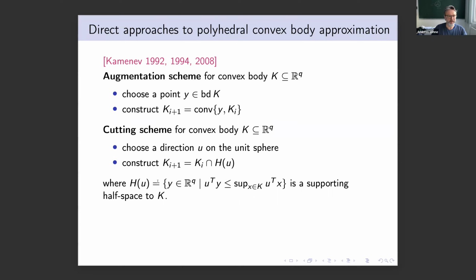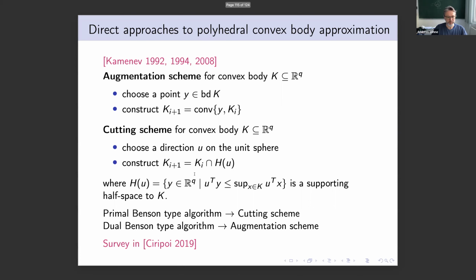So this is a supporting half space to K. And now we see that this cutting scheme is nothing else than what we did in the primal Benson algorithm. That means primal Benson type algorithms are the same as the cutting scheme.